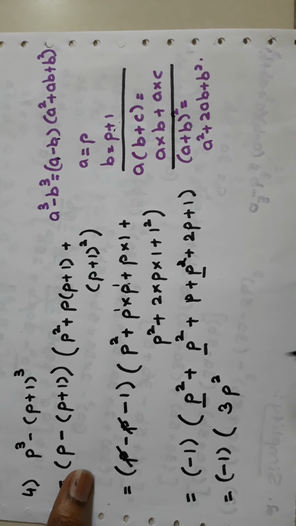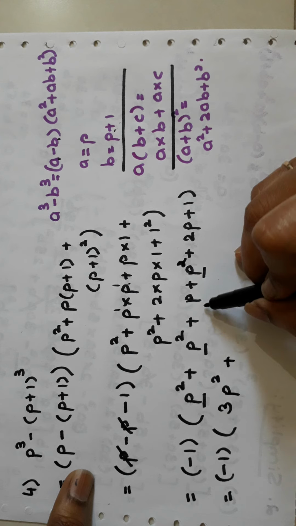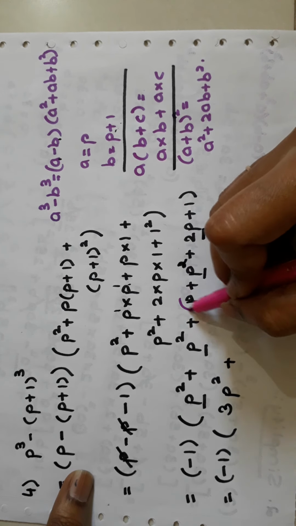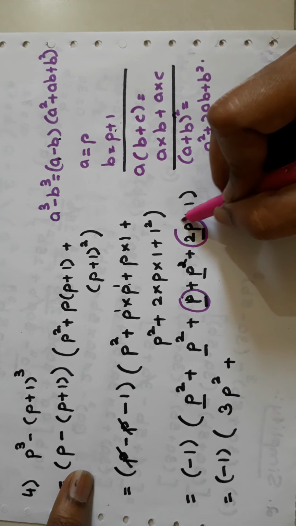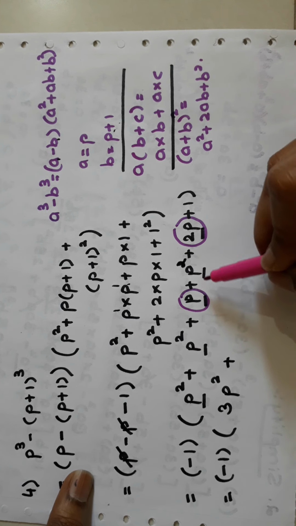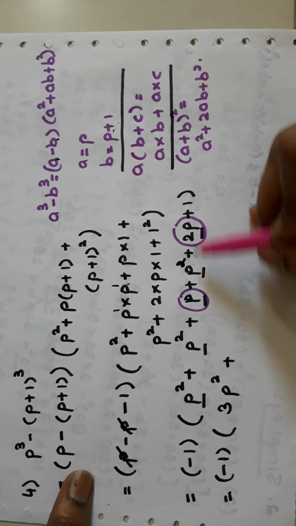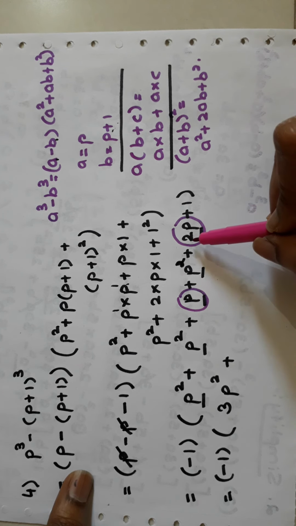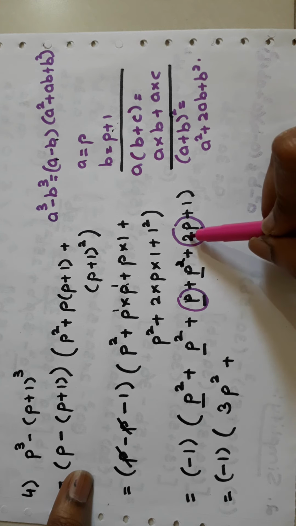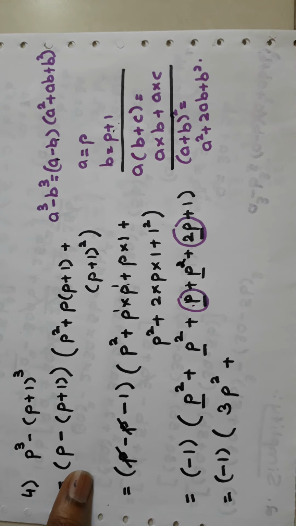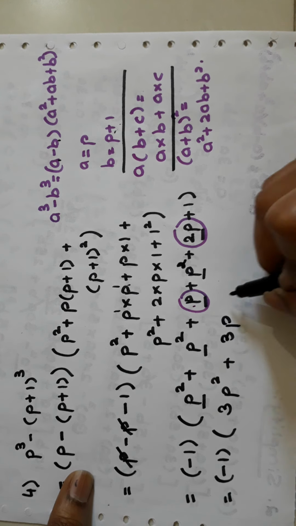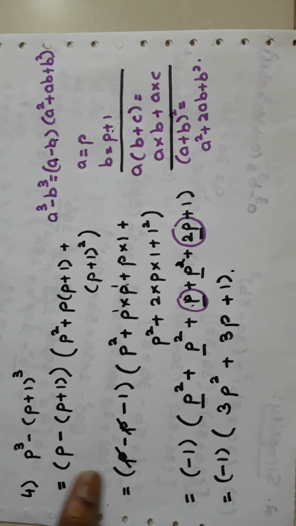Plus, again like terms, p plus 2p. The variable is the same, the power of the variable is also the same, and both have a plus sign, so we add both the terms. Add means add the coefficients: 2 plus 1, 3, keep the variable as it is, and plus 1.